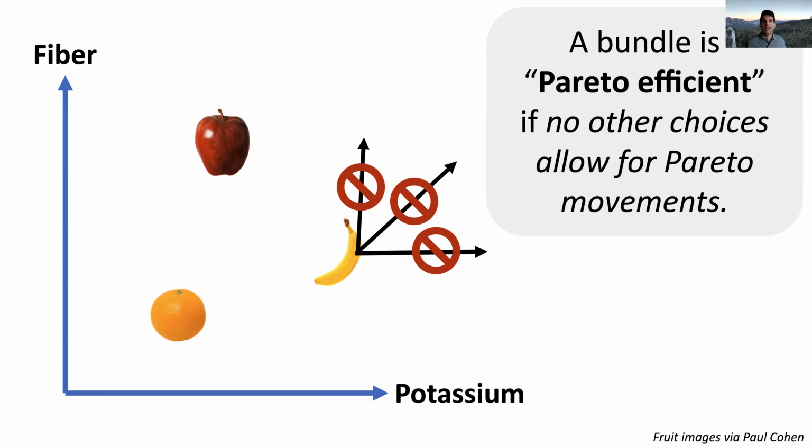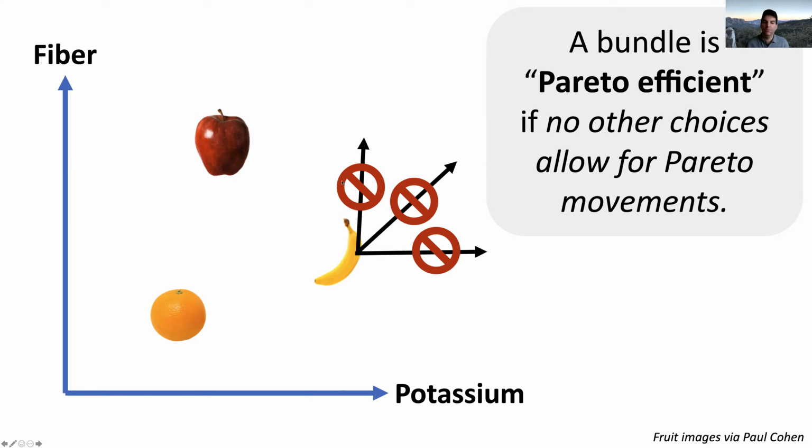It's efficient because I cannot make a Pareto movement away from the banana. There are no choices up here that are better in both simultaneously, potassium and fiber. If I wanted more fiber, I can choose the apple, but that requires me to lose out on potassium. So I can choose the apple, but that's not a Pareto improvement.